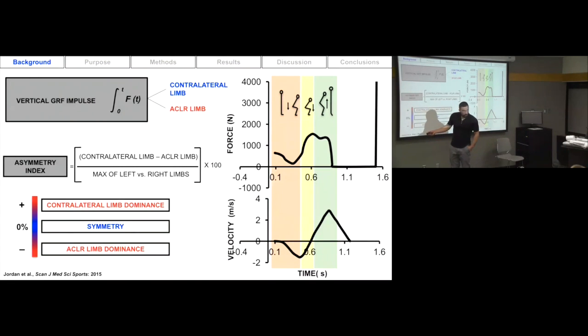There's a maximum, the downwards velocity is at a maximum. But what is the end of the yellow phase?